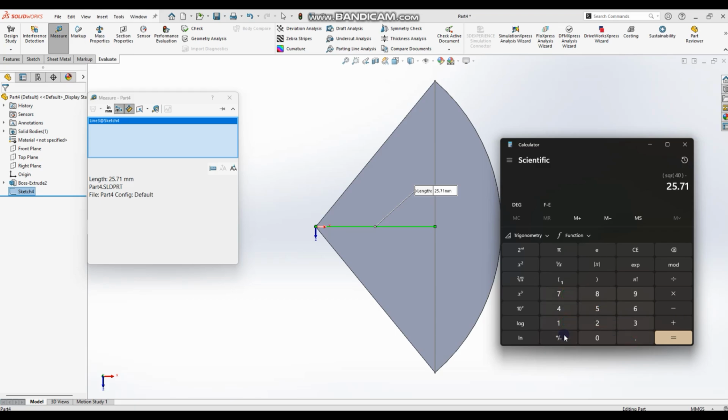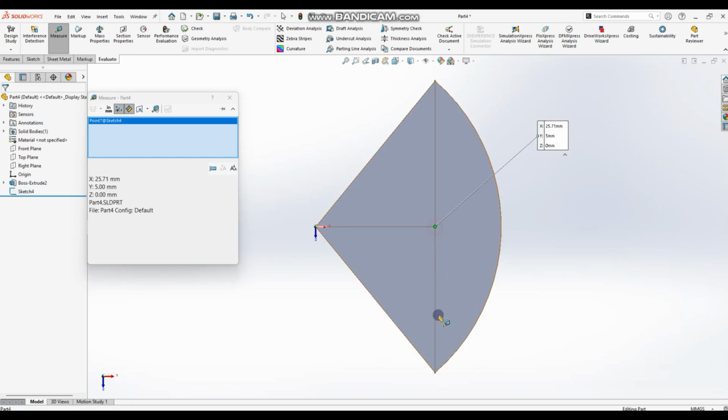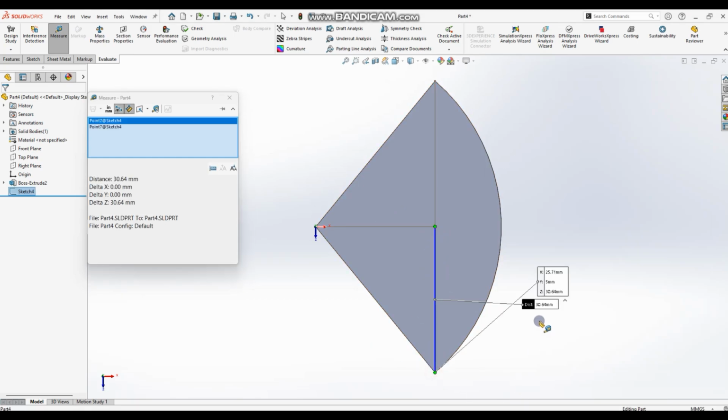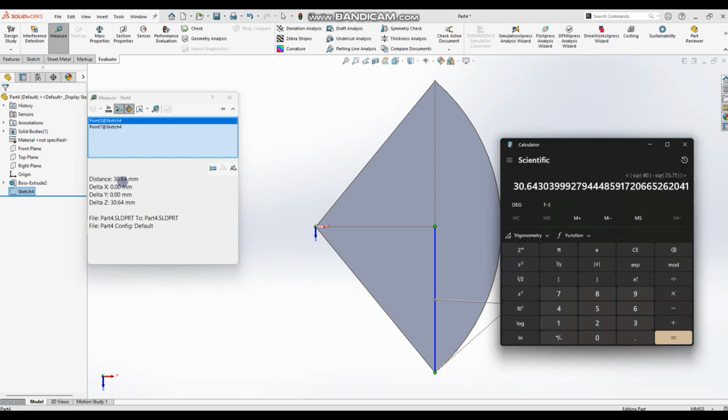We got 30.61, which is only half of the chord length. Let's see how much we got from here to here: 30.64. So we got the same value, around 30.64.